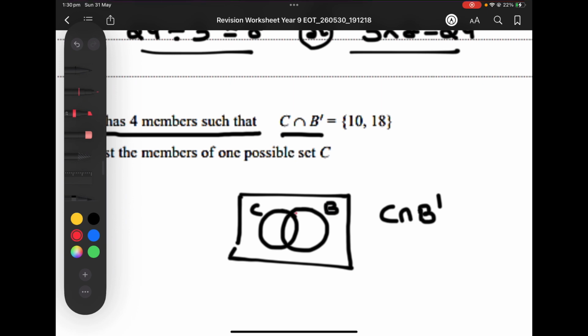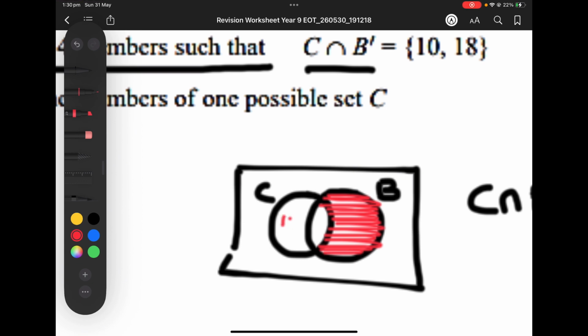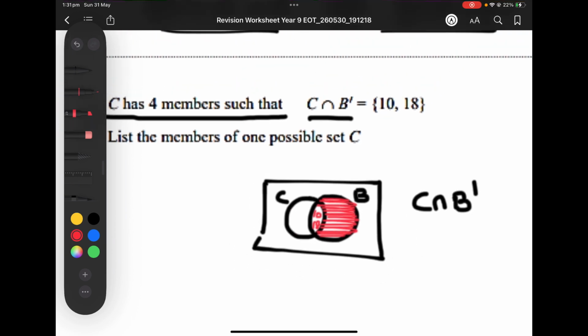If I'm leaving the B set completely, if I'm leaving B, that means B complement, right? So I am getting 10 comma 18 as the common terms here, okay. C intersection B complement will be here, the terms that are here. 10 comma 18 is here.